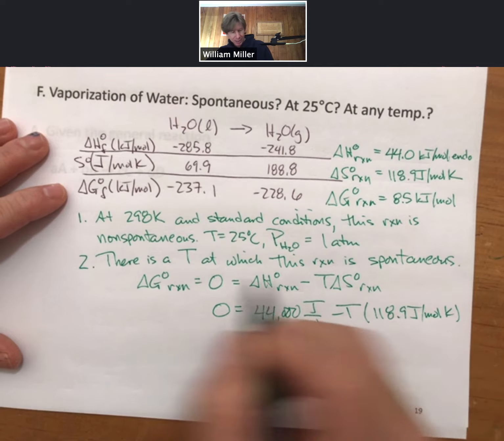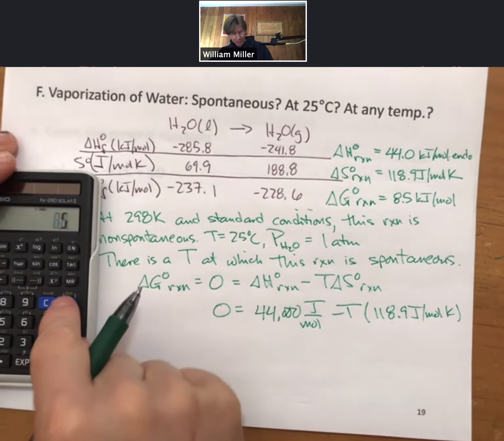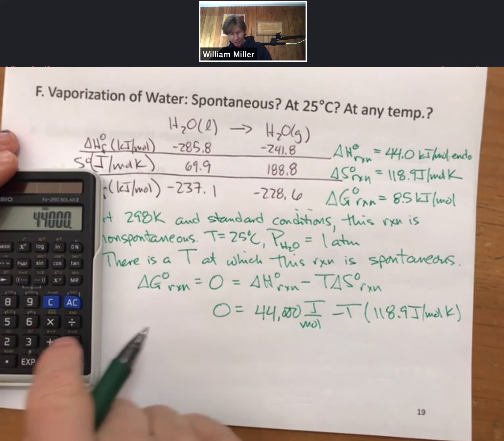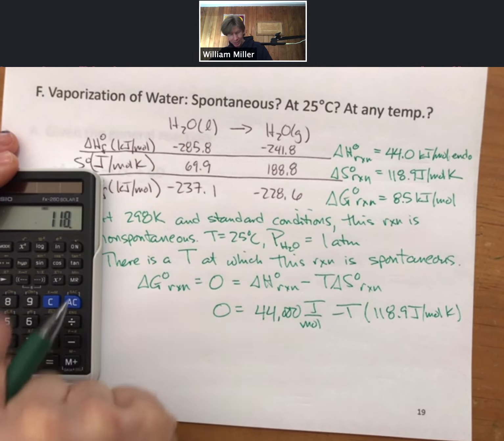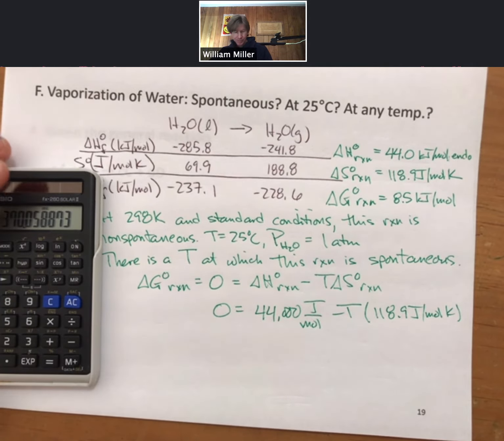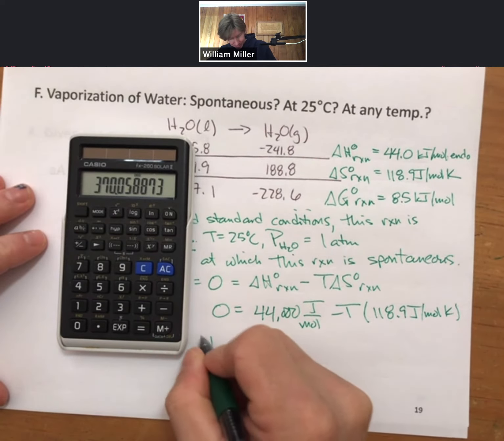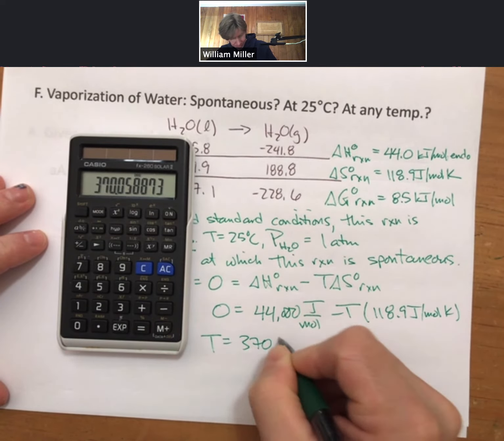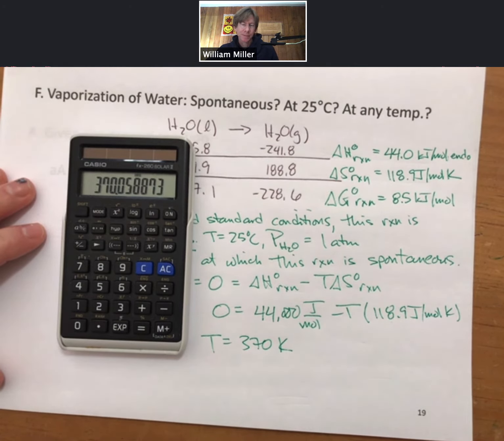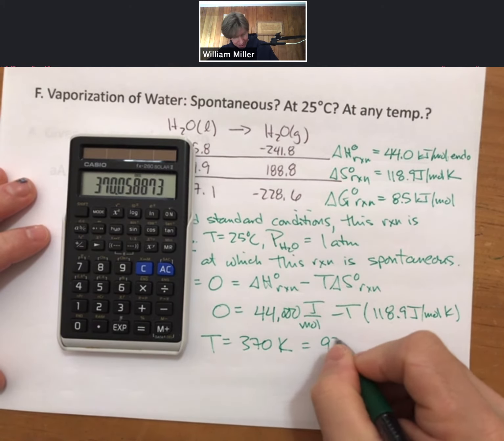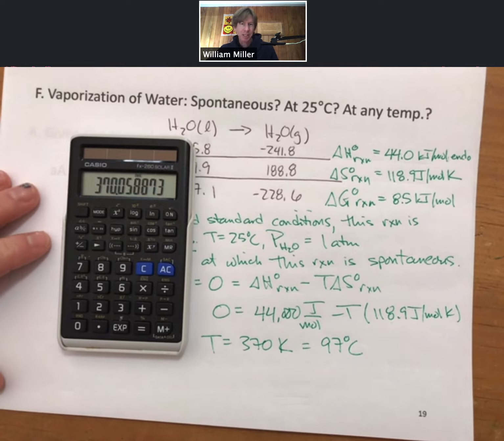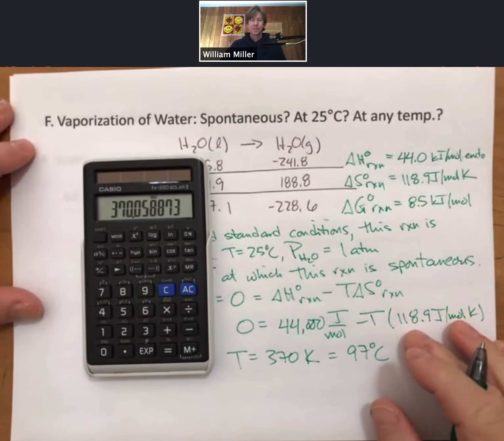Bring this term to the other side, solve for T. You're going to get 44,000 divided by 118.9, 370 Kelvin, which is 97 degrees Celsius, 373 being 100.